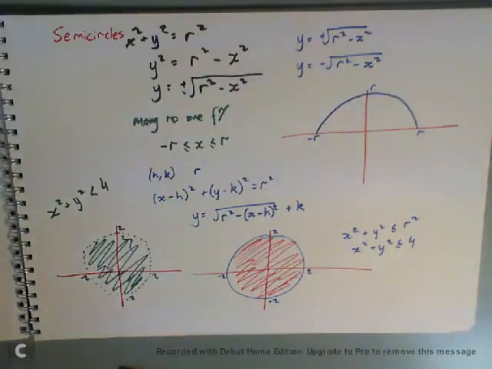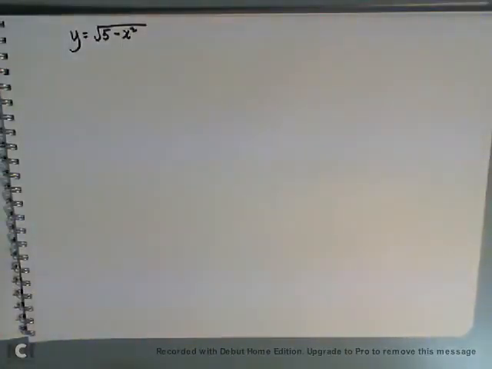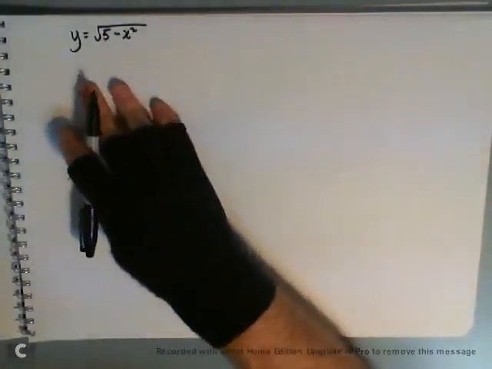Okay, and I'll just go through an example in a moment. So example 5, sketch the graph of y equals the square root of 5 take x squared, and state the domain and range. So we've got square root of 5 take x squared.